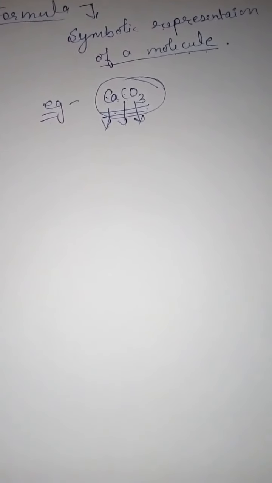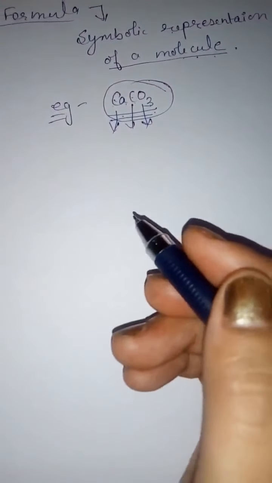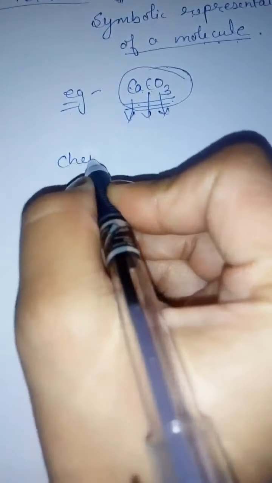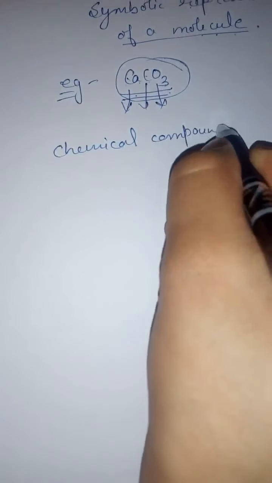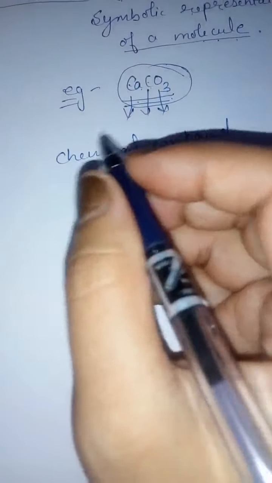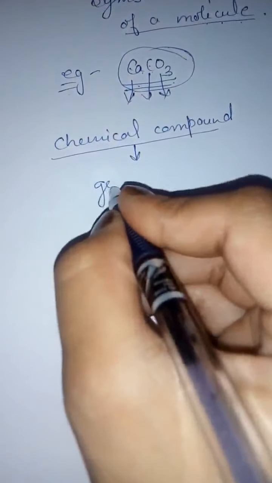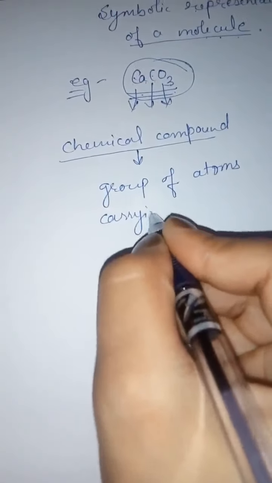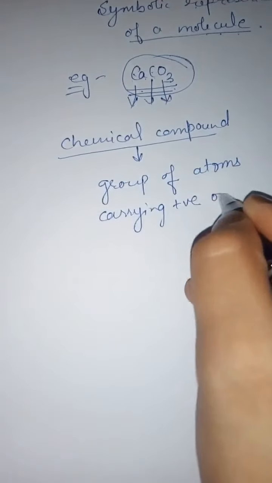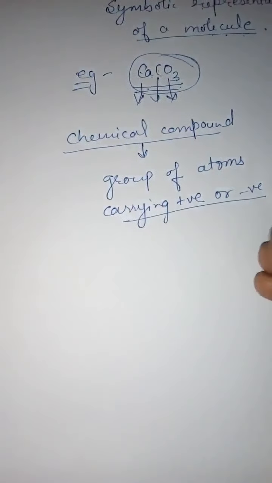Actually, a chemical compound is made up of atoms, and in a chemical compound there are groups of atoms carrying positive or negative charge.